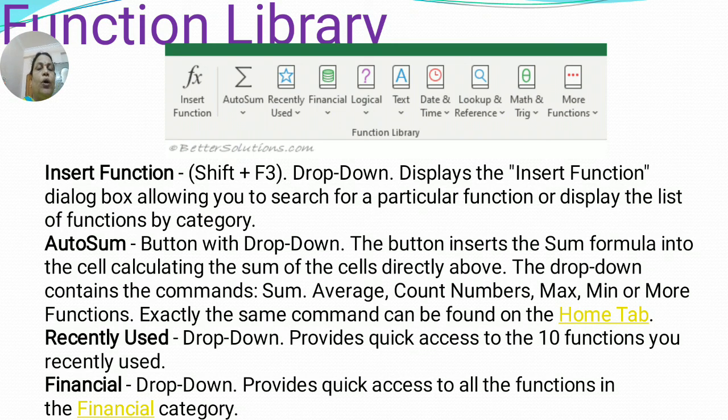Next comes the autosum, the same thing which I have told you, which can be seen in the home tab. This button inserts the sum formula into the cells, calculating the sum of the cells directly.